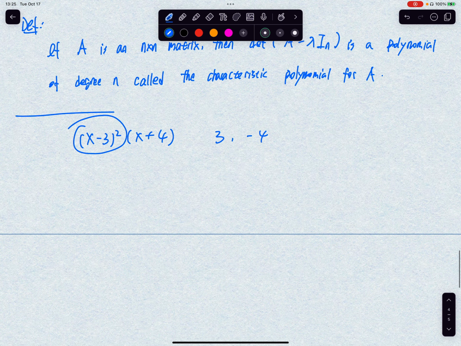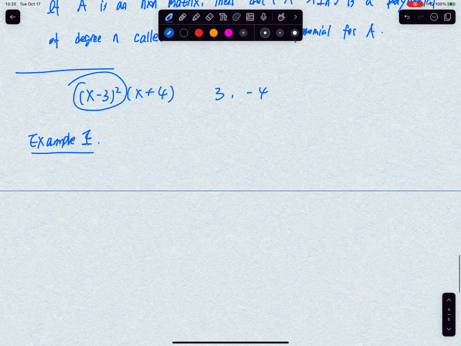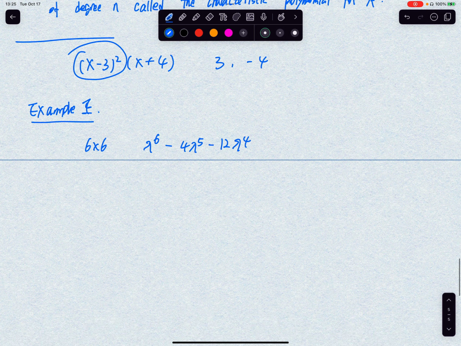Let us use an example for a better understanding. If the characteristic polynomial of a 6 by 6 matrix is lambda^6 minus 4 lambda^5 minus 12 lambda^4, we want to find all its eigenvalues and their multiplicities.